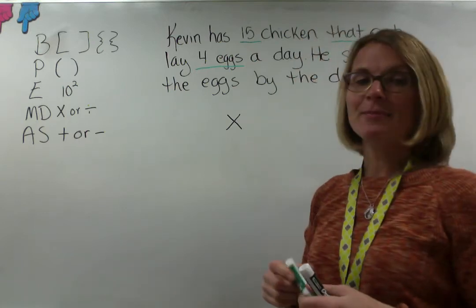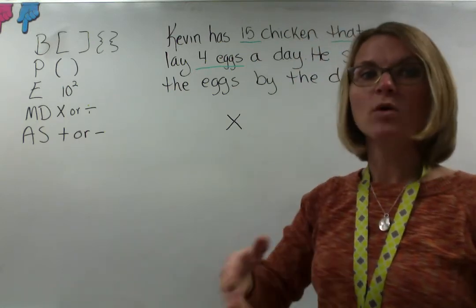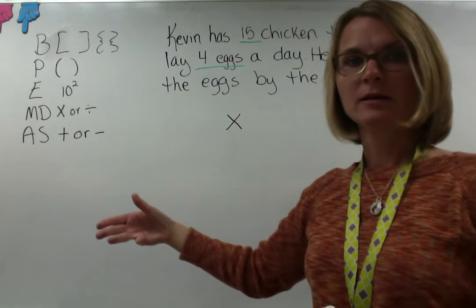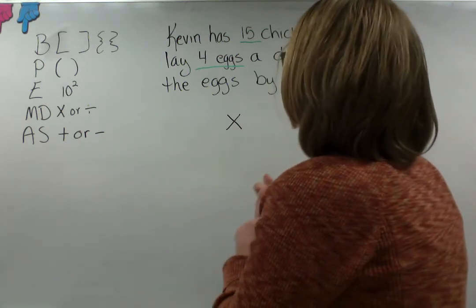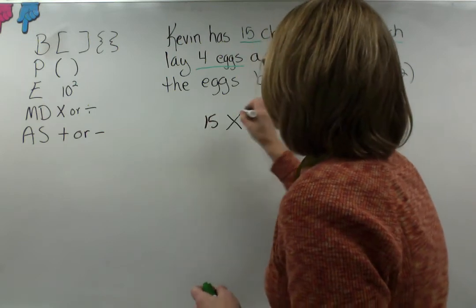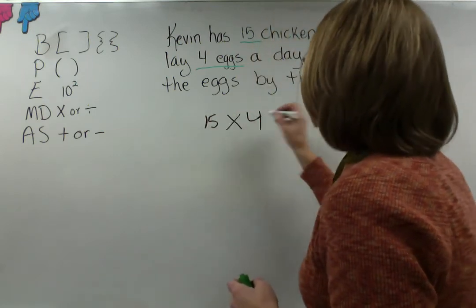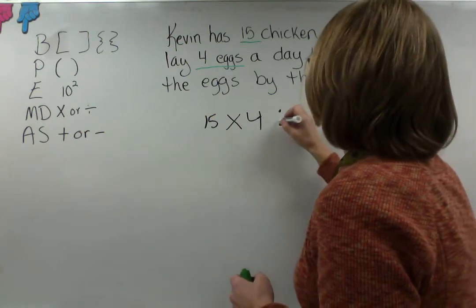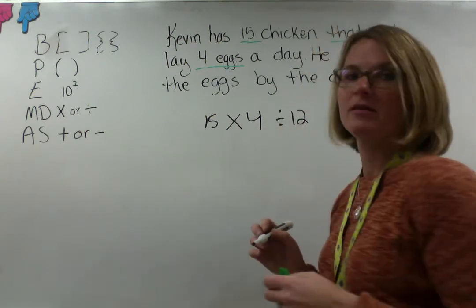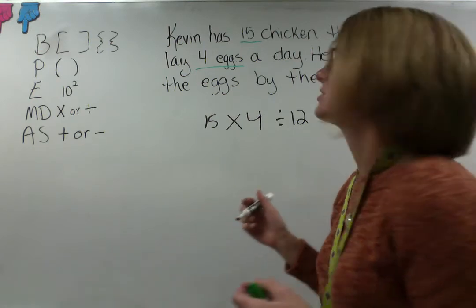We're not splitting up the eggs by 4. We're getting 4 eggs from every chicken. So we're getting 4 eggs 15 times, okay? So we're going to have 15 times 4. And then we have to take whatever that is and split it up into containers of a dozen. All right? So far, so good.